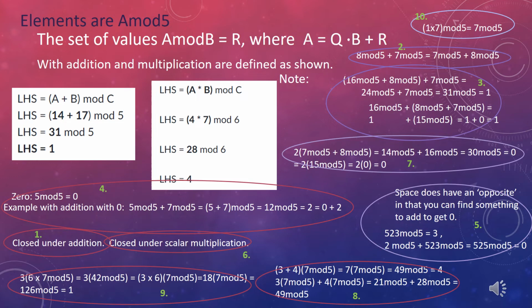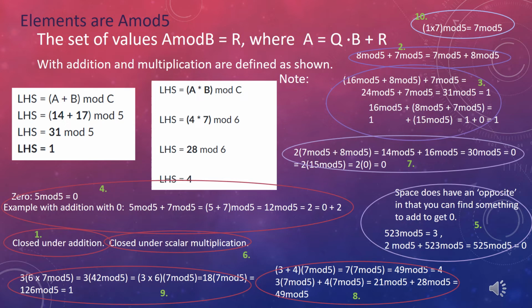Okay, we're going to make up that's our definition of a scalar. And if we follow that definition of a scalar and we define addition and multiplication as shown below, it does satisfy all 10 of the axioms.